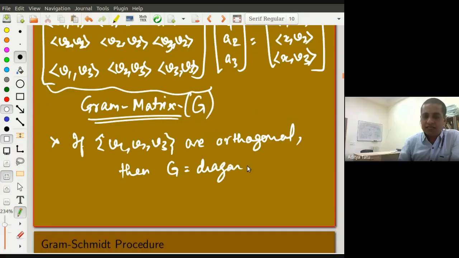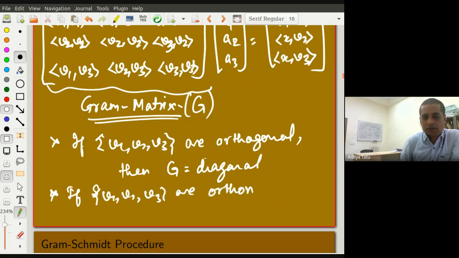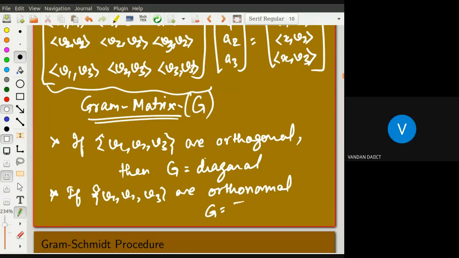And the diagonal matrix is surely easy to invert, right? If V1, V2, V3 are orthonormal, what can we say about G? Identity matrix. Yes.